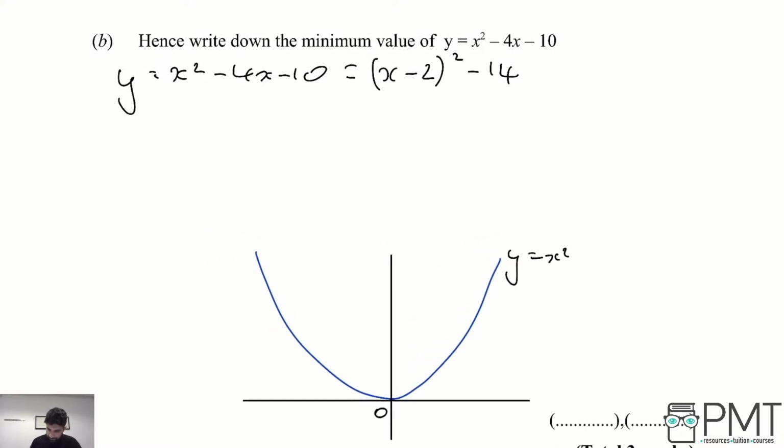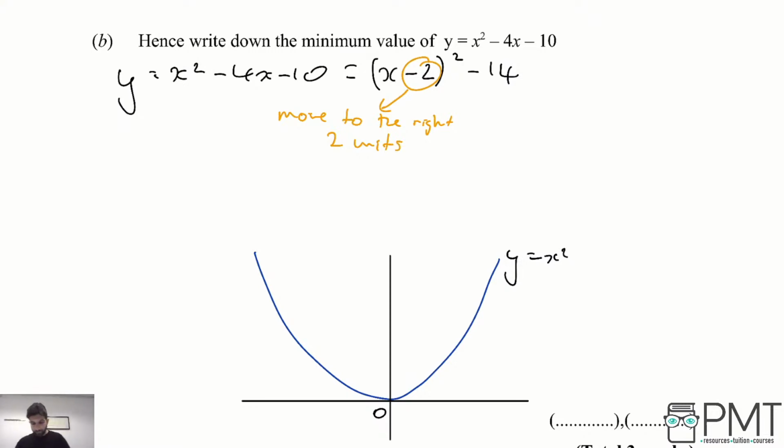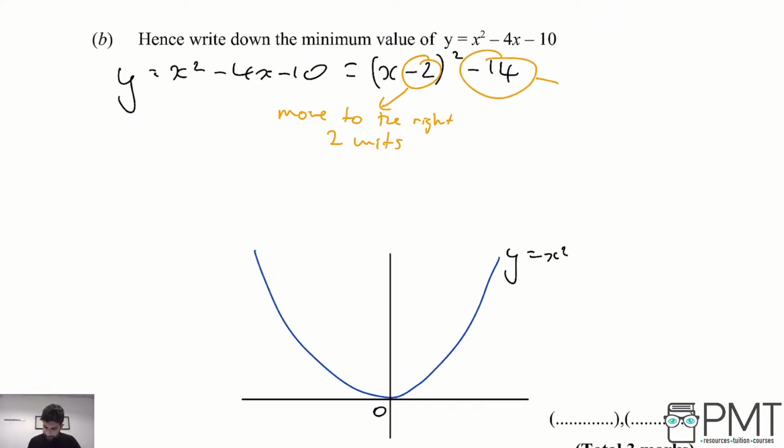So from translations, you should know that this one is a move to the right by 2 units. And the minus 14 is move down by 14 units.